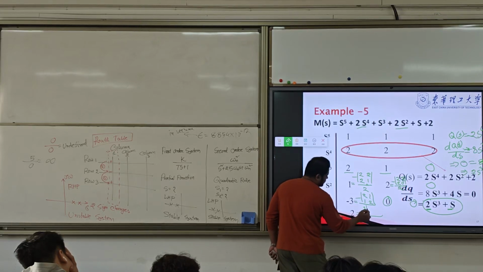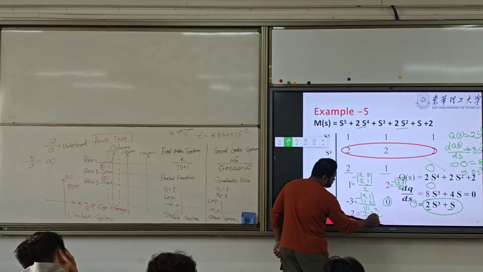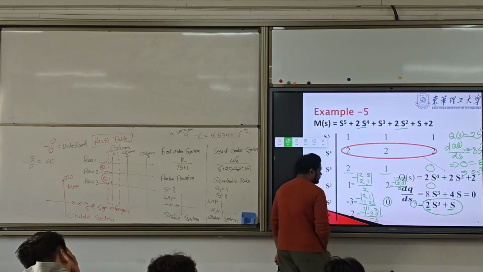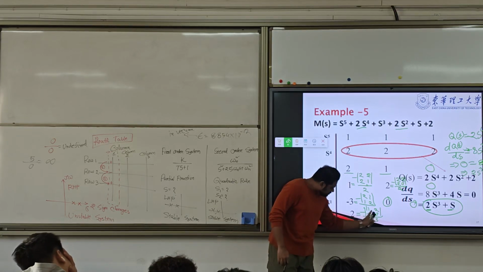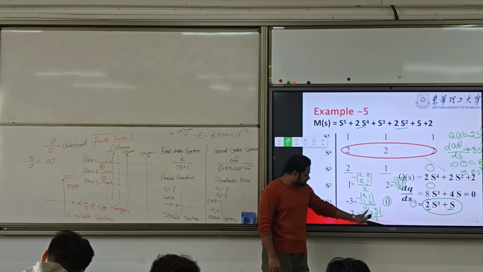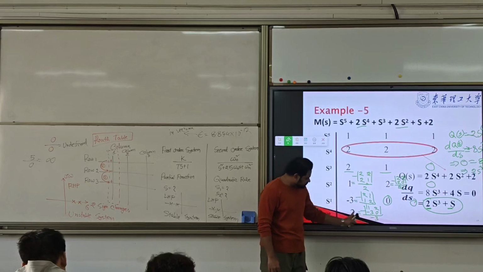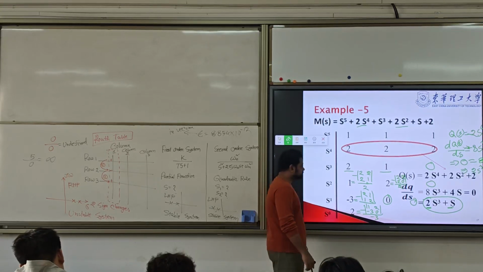So we have 1 and minus 3. 2, 0, divided by minus 3. So 0 plus 6, it will be minus 6. Minus 6 divided by minus 3, plus 2.